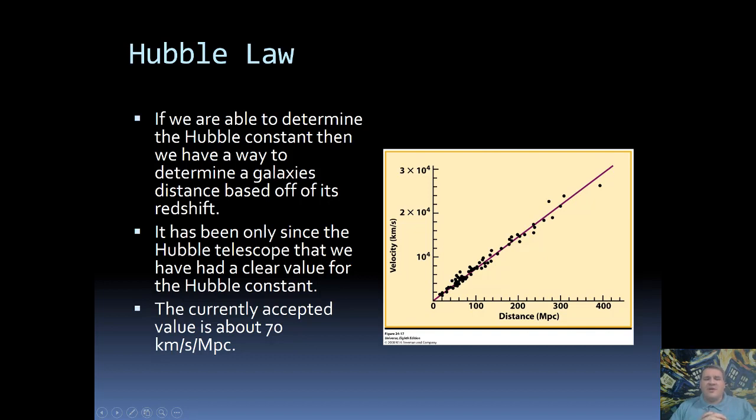The primary mission of the Hubble Space Telescope was actually to get a good value for the Hubble constant. The currently accepted value for the Hubble constant is somewhere around 70 kilometers per second per megaparsec. No, you don't actually have to know that value. I just like that we do know it.